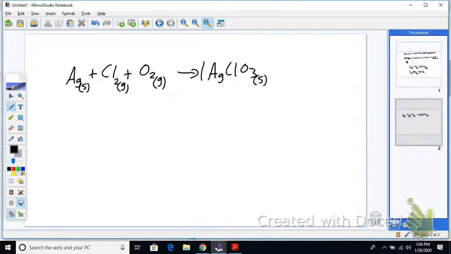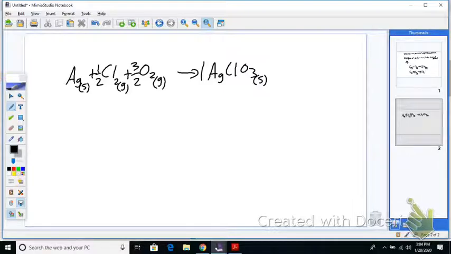Yes. What fraction is that? 1/2. Do we need a fraction in front of O2 to get 3 oxygens? Yes. What do we have? 3 over 2, 1.5. 3 halves. So that's how you show enthalpies of formation.